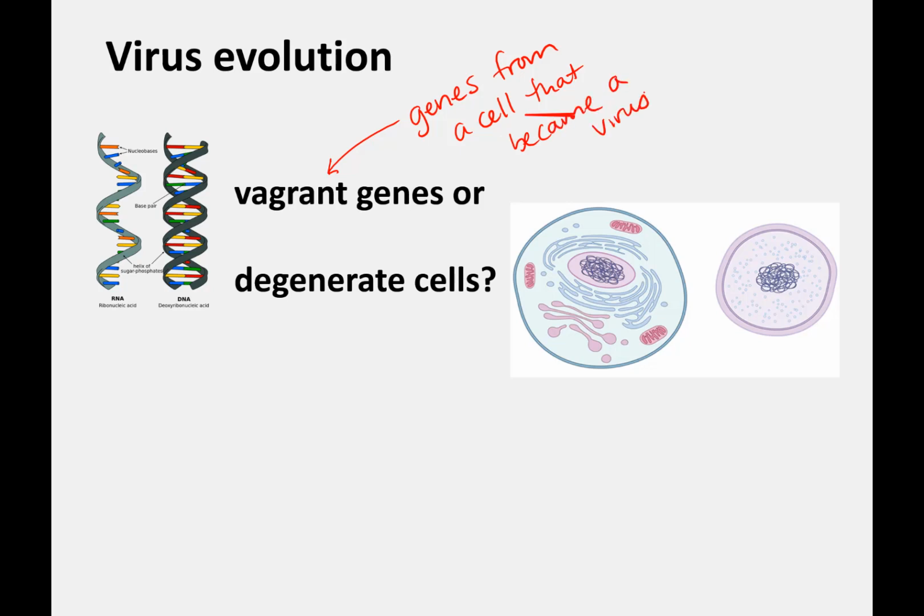And one of the supporting factors for this is that, depending on how you count it up, 5 to 8% of the human genome is what we call endogenous retroviruses.